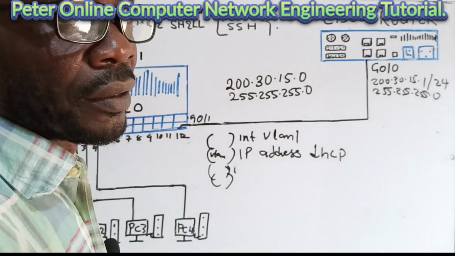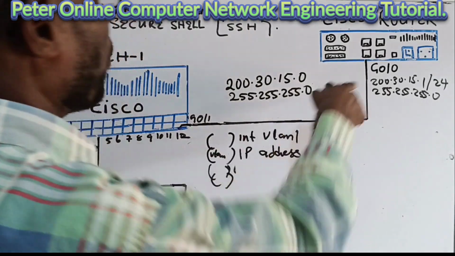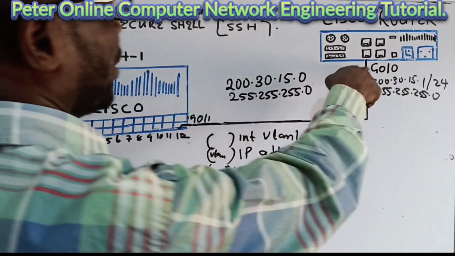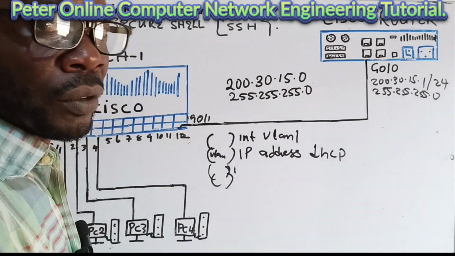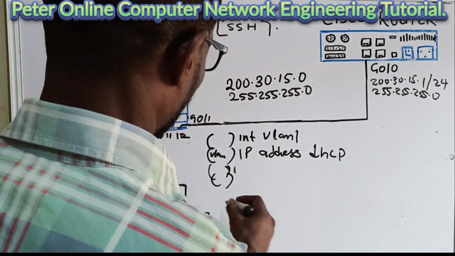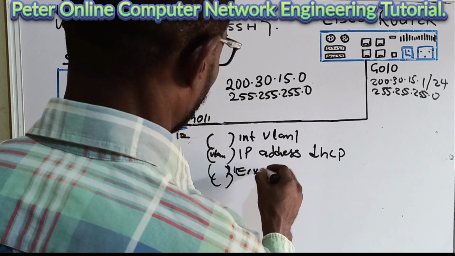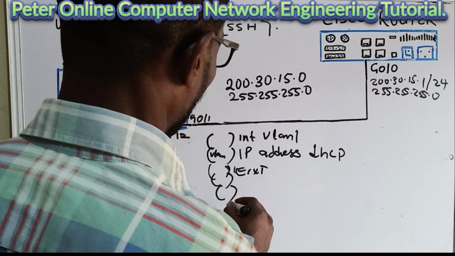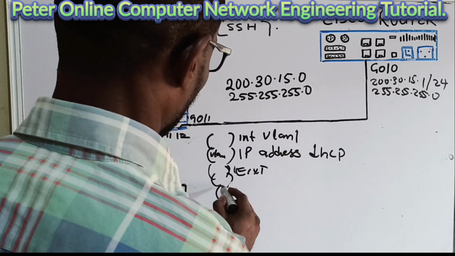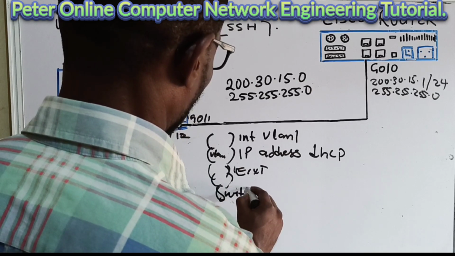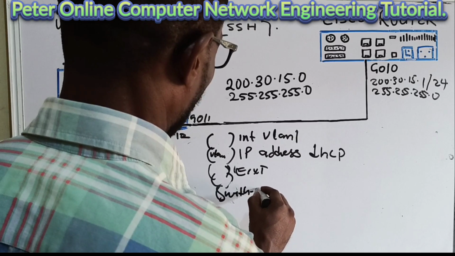You hit enter. So this switch is going to acquire an address automatically from the router. Now you go back to privilege mode by putting exit. This is your privilege mode, switch1.